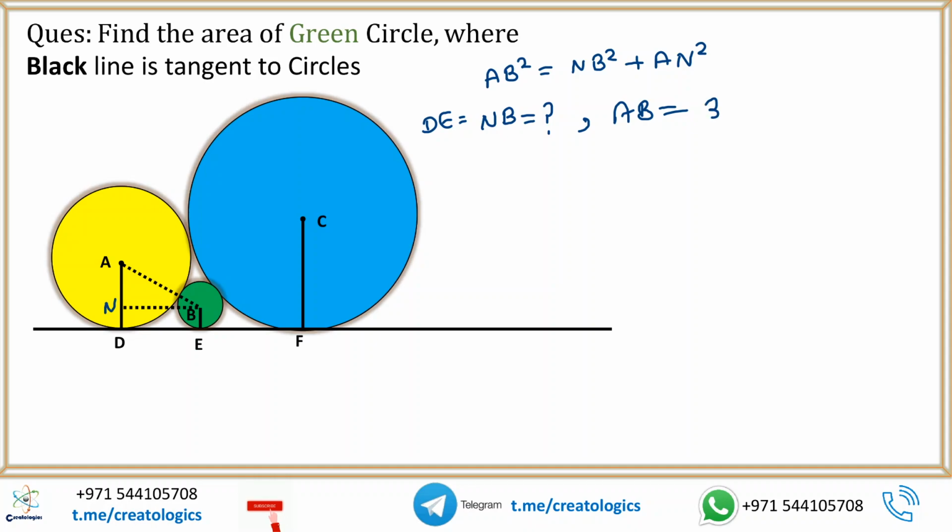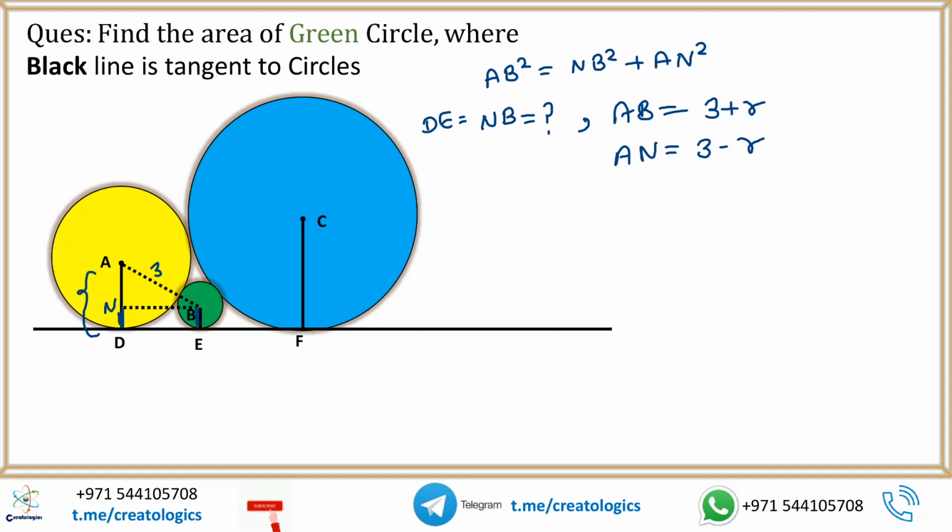The radius of the yellow circle was already given as 3 units. So I can say 3 plus r, and what is the value of AD? AD is also 3 units. So AN will become 3 minus r units, because this ND is the same as BE, right?